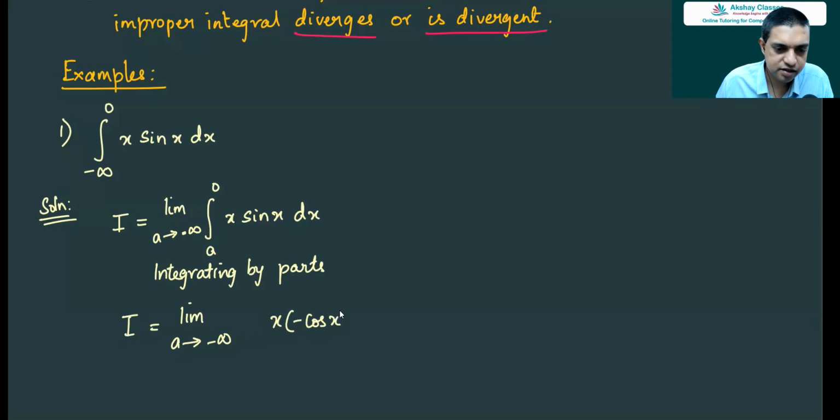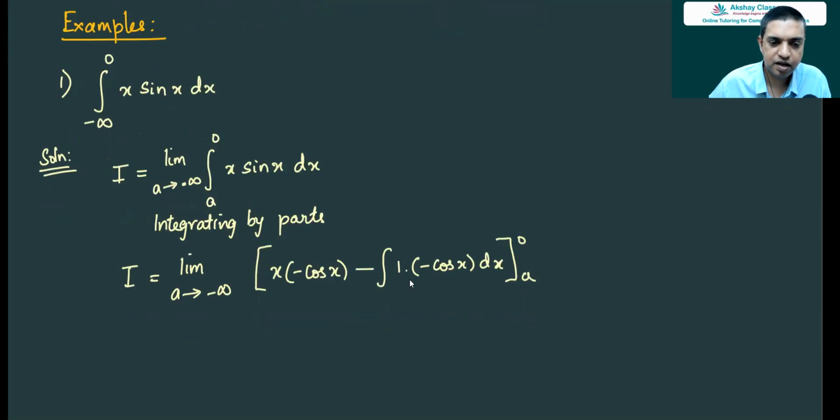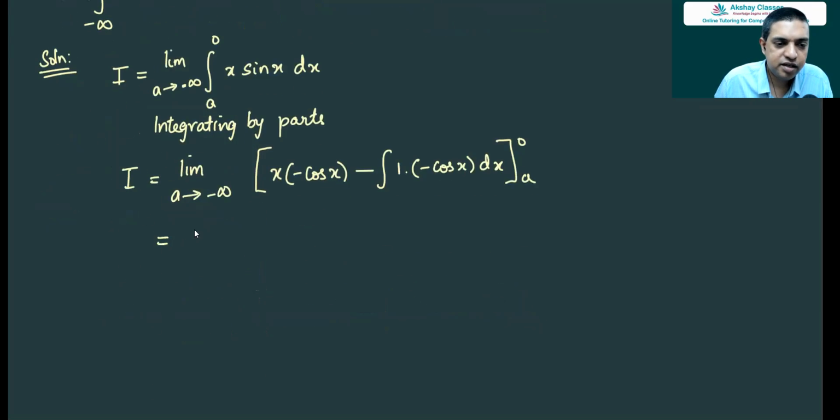The integral of the second is minus cos x. First function is x, second function is sin x. Integral of sin x is minus cos x, minus the integral of the derivative of the first, that is 1, into the integral of the second. I'm not applying the limits now; I'll apply them at the end after I evaluate the full indefinite integral.